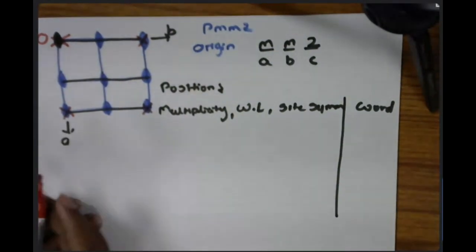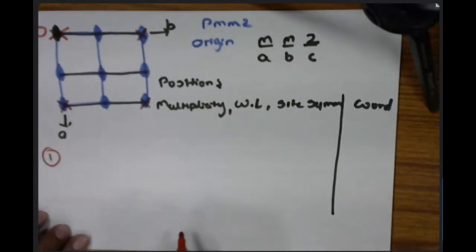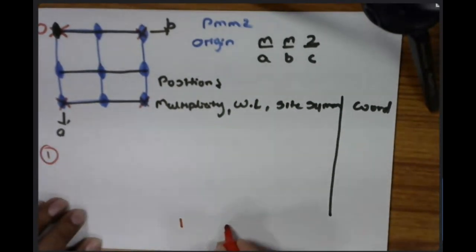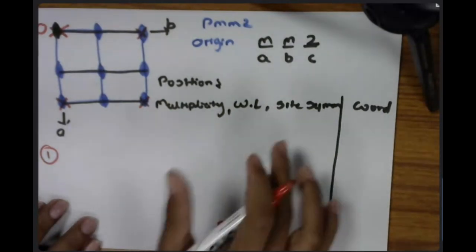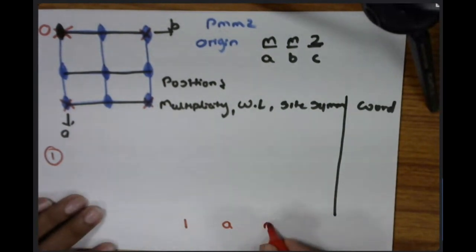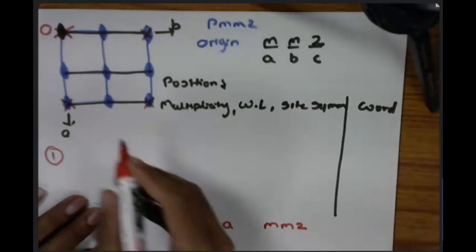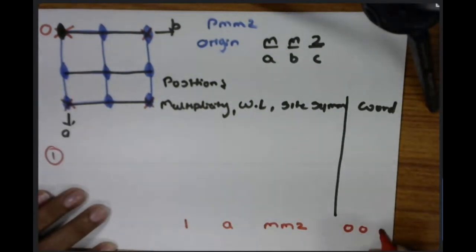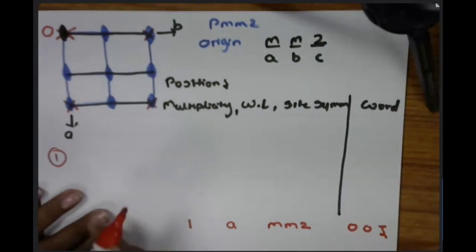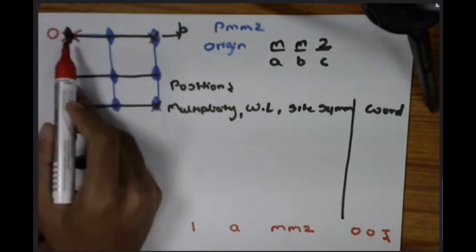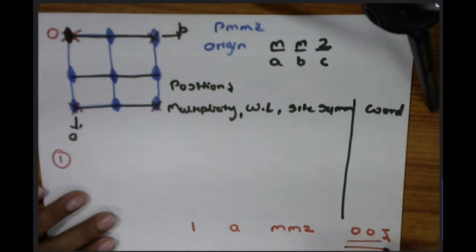So effectively, it is 1. The multiplicity for this will be 1. Let us say we are starting with the Wyckoff letter A. From A we will build up all the things. And what is the site symmetry of this? It is mm2. And the coordinate of this particular point is 0, 0, and along the z-axis, z can take any value. So about this particular coordinate we will have the symmetry mm2.